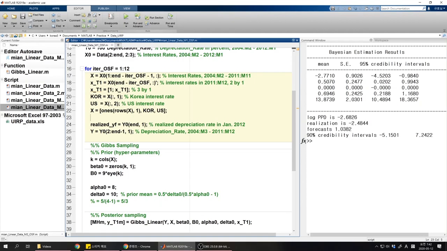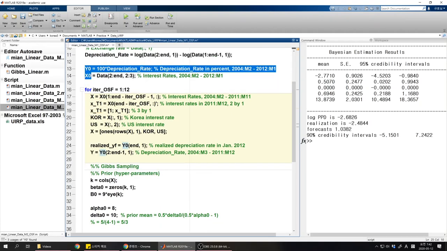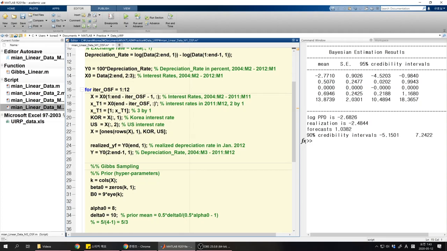Just before I forget, you should not put x0 like this. You can see that y0 and x0 never change within this for loop; they are fixed. So x is from x0, y is from y0, and of course the realized yf is from y0. Whatever itr_OSF is, x0 and y0 do not change.